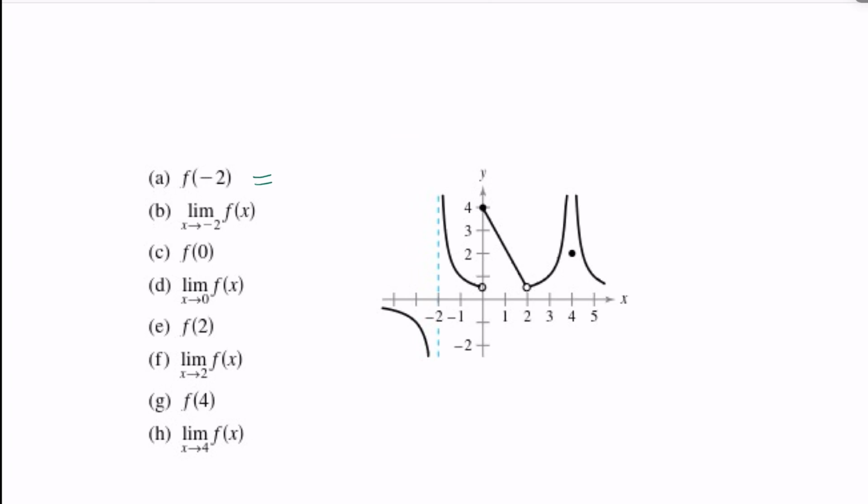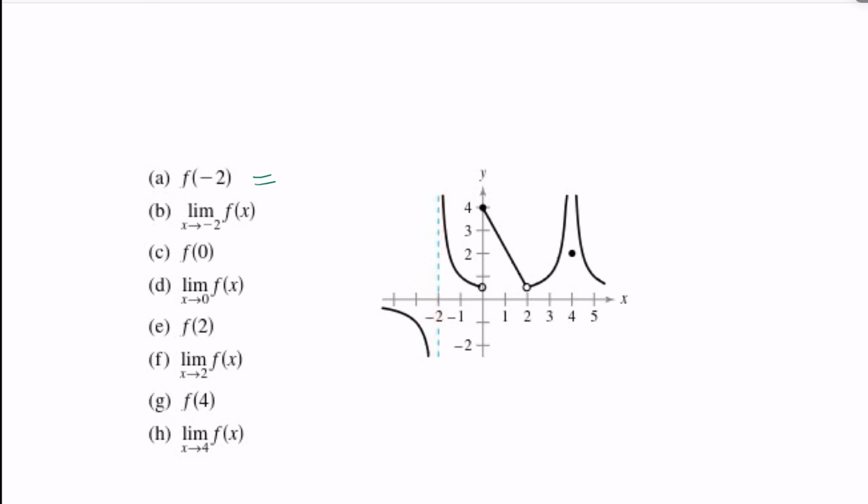So first of all, we want to find f of negative 2. So we go straight up to negative 2 and we locate any shaded point, or where the graph cuts through this line. Where does the graph touch on the y-axis? So what value do we have on the y-axis as this line cuts through the graph?